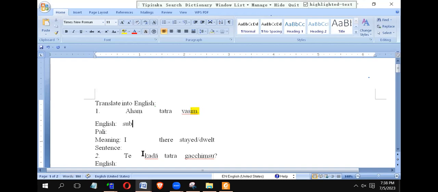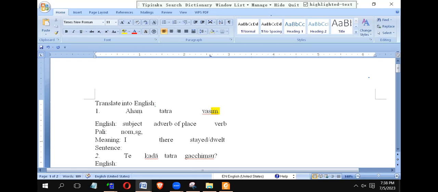Some people like to look for noun. Okay, so it's a subject. Tatra is what we call the adverb of place. So this is a verb here. In terms of Pāļi, actually it's a nominative singular, but you can write first person.